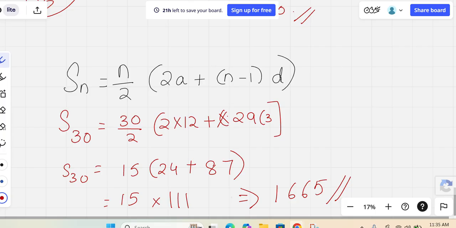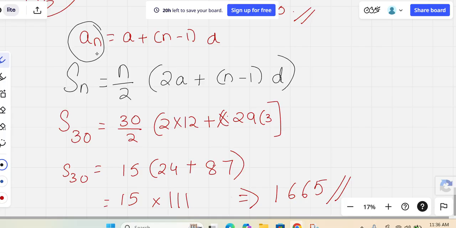Is that okay? Ma'am, I have a question. So the thing that we did before this, that was to find the number of terms. That was a n equal to a plus n minus 1 into d. So you were finding a term at a particular position.